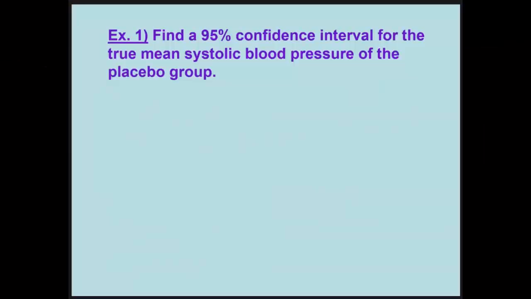Okay, so we're going to go back to the problem we looked at at the start of the video series on using z-scores versus t-scores, and we've discovered that we can't use z-scores anymore. So I'm just going to show all the assumptions and steps to get an idea of what the problem should look like.